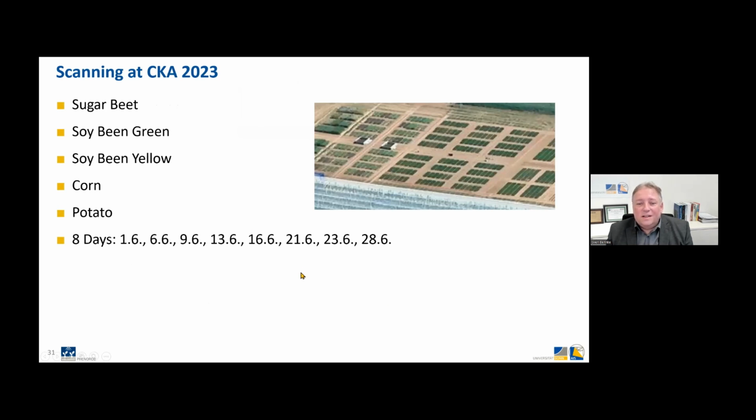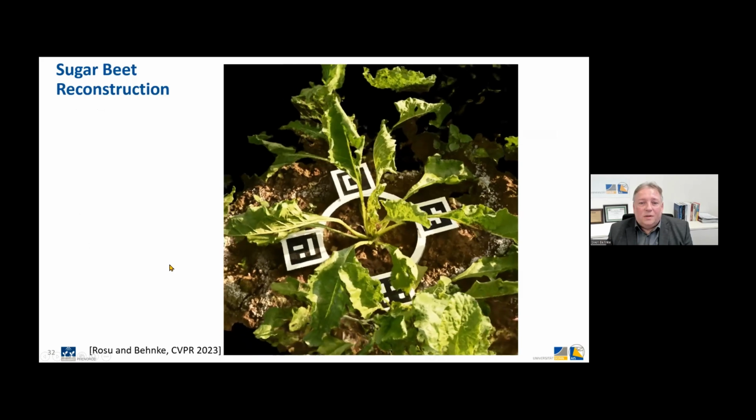Of course, we apply this method to images that have been captured at Klein-Altendorf at the PhenoRob Central Experiment for different species of plants and at different points in time in this year.